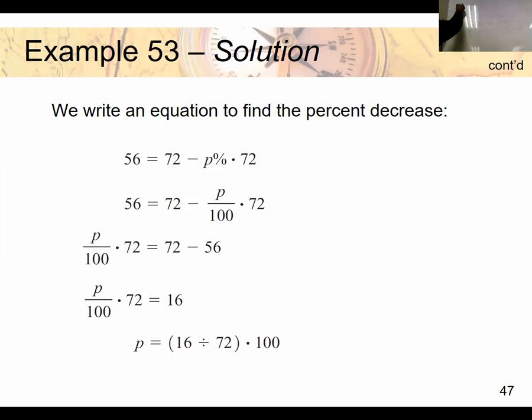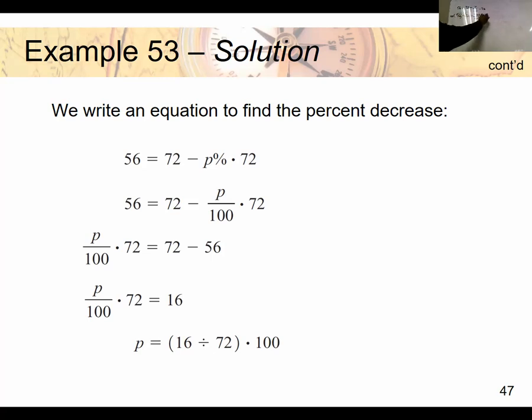Let's see, 56 is equal to 72 minus P over 100 times 72. And I would have done this: multiply the whole thing by 100 on this side.